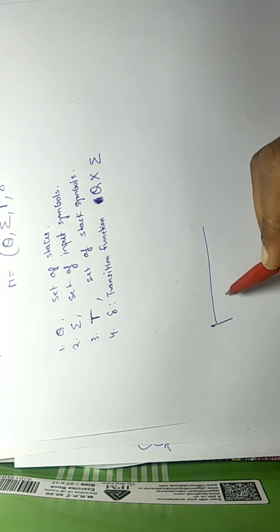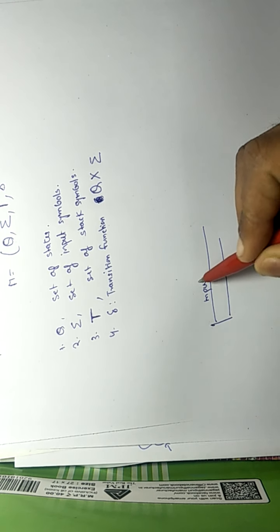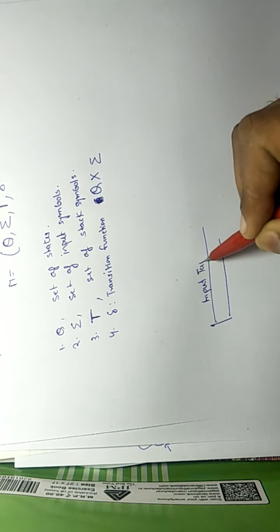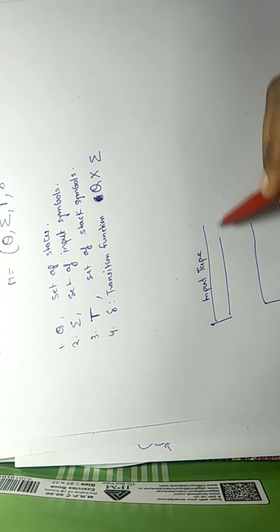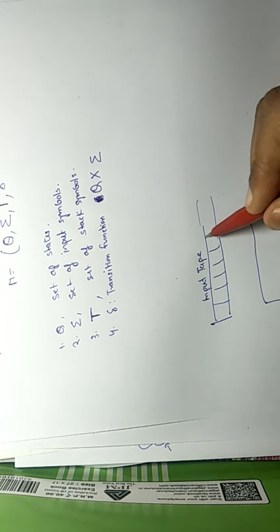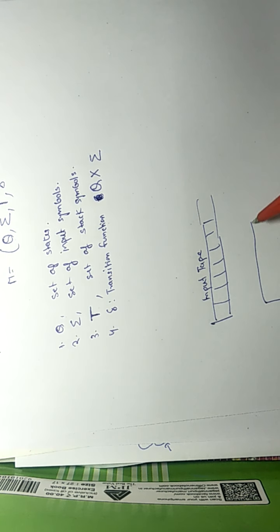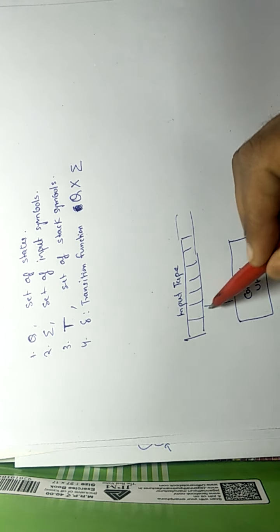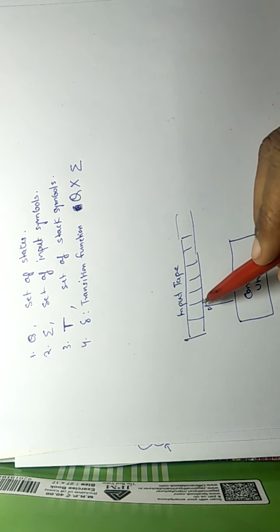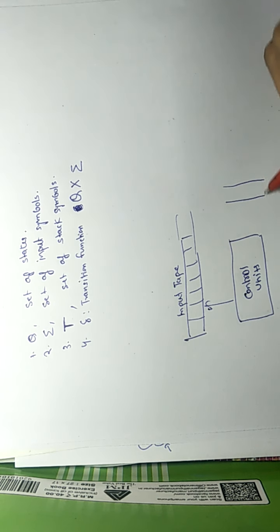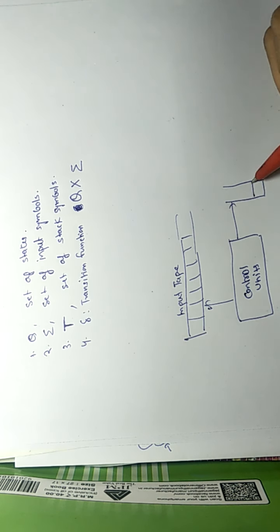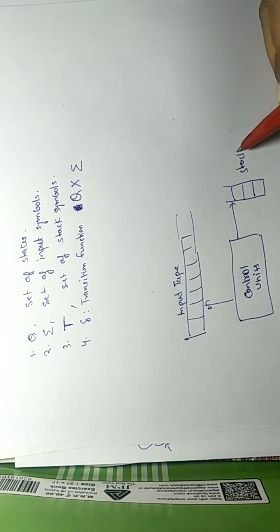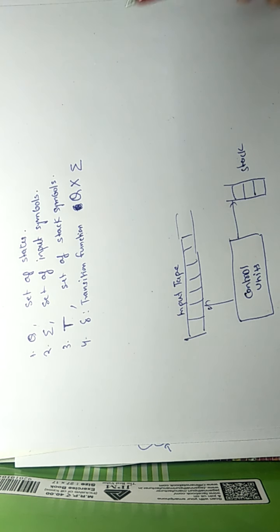Here we have input, it is the input tape or input file, you can say. We have a control unit, it means we have states. We read some input, we change some state, then we move to another input, but we can store it in the stack also. So the symbols on this stack are stack symbols.